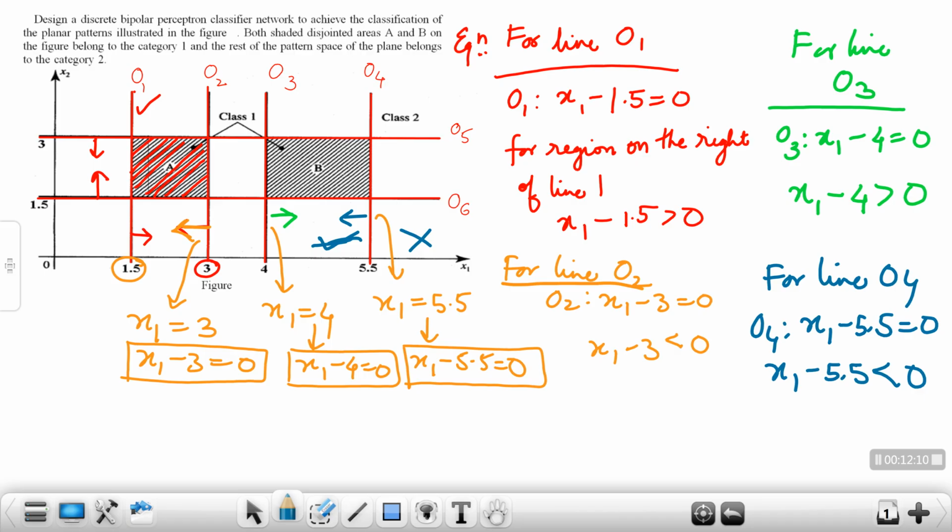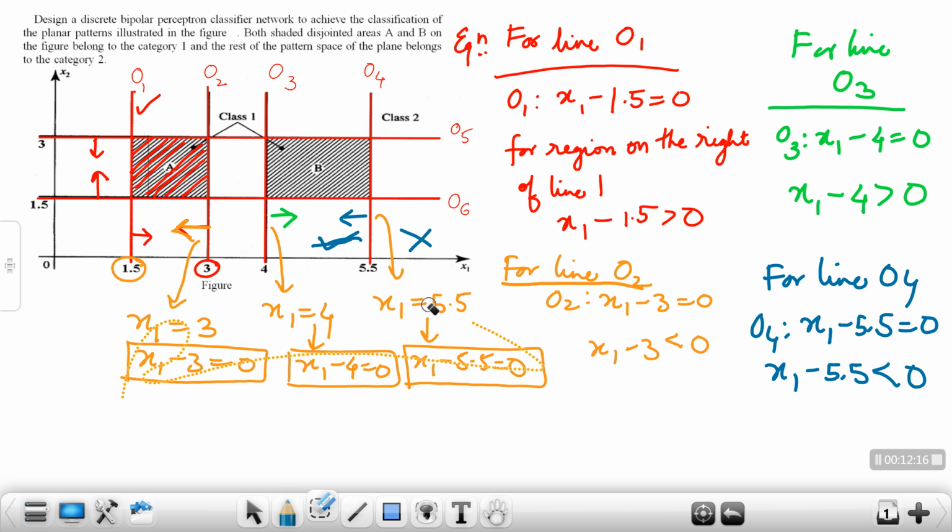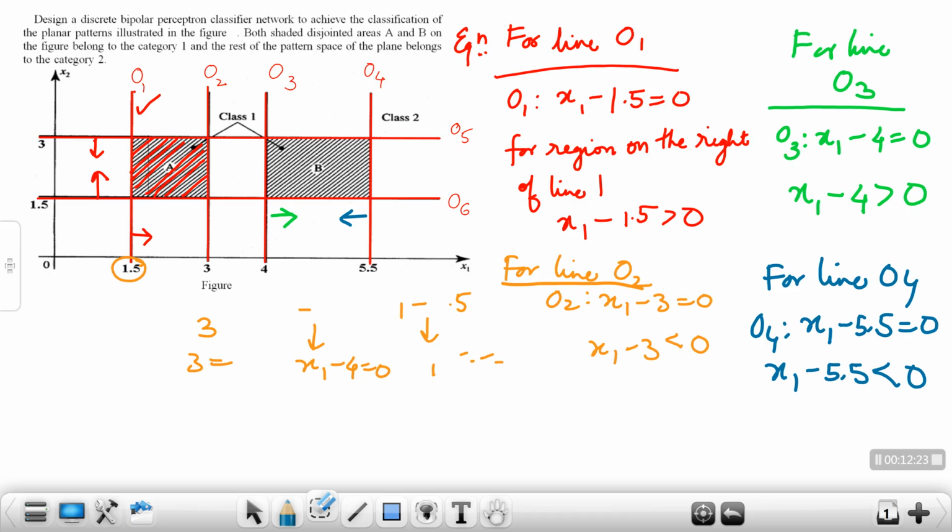Now we switch our focus to the lines O5 and O6. So I shall just erase whatever is written here, so that we can go for line O5 and O6.